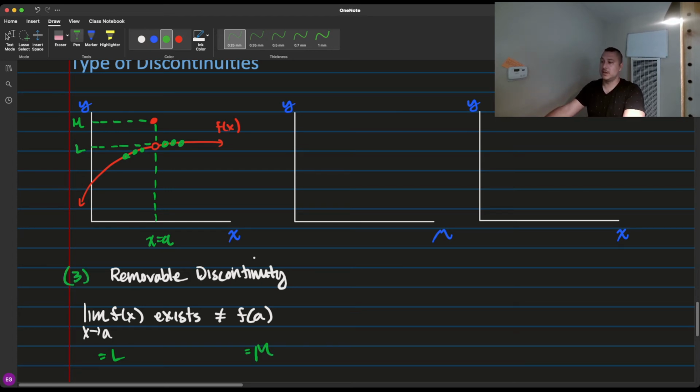A removable discontinuity is when criteria 1, the function is defined, is true. Criteria 2, the limit exists, is true. But criteria 3 fails. Those two aren't equal to each other.